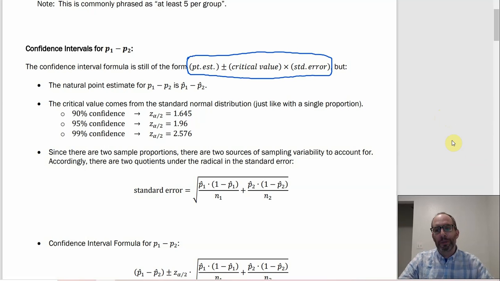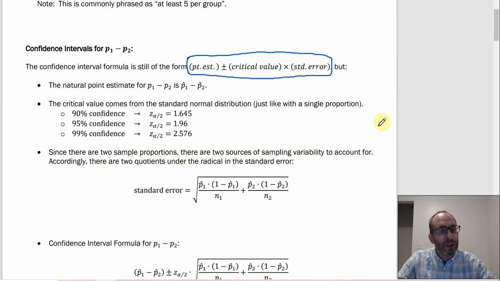So the point estimate, I guess this part kind of follows naturally because you think, well, generally if p hat is the best point estimate for p, then let's say if you have two population proportions, P1 and P2, your best estimates are just going to be the respective sample proportions. So like P1 hat would be your best point estimate for P1, P2 hat's your best point estimate for P2. So like it says in that first bullet point, the natural point estimate for P1 minus P2 is P1 hat minus P2 hat. All right, that part makes sense, right? It's a little more complicated than before, but it makes sense that that's what it would be.